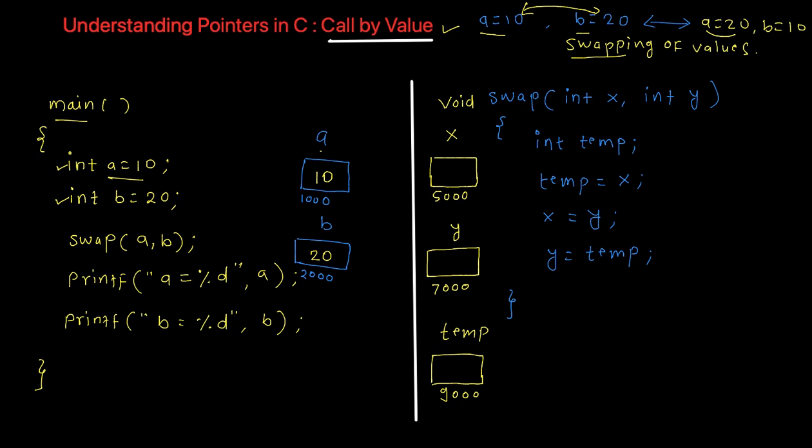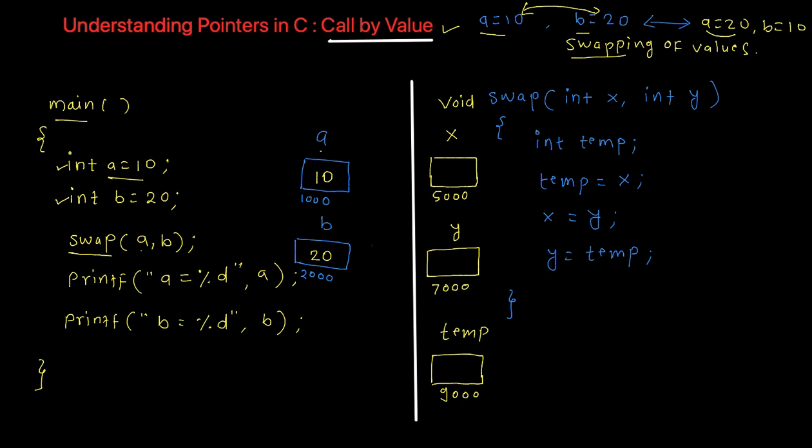After this, I want to swap the values of a and b. I could have done it here, but let's say I want to do this task by using a function. So let's call a function called swap.